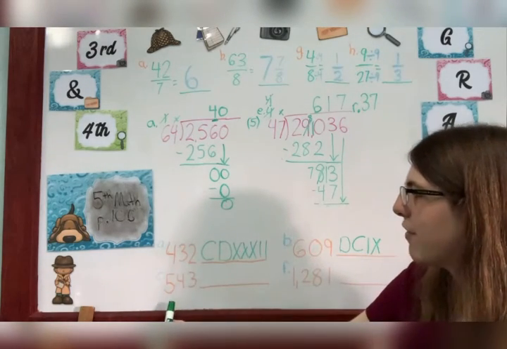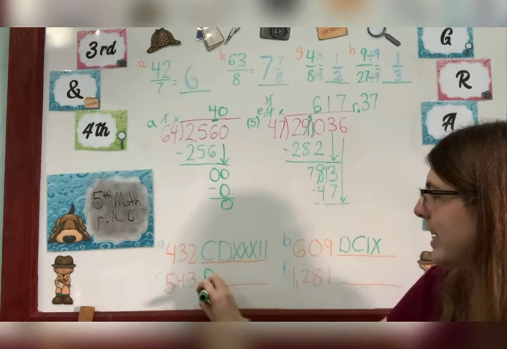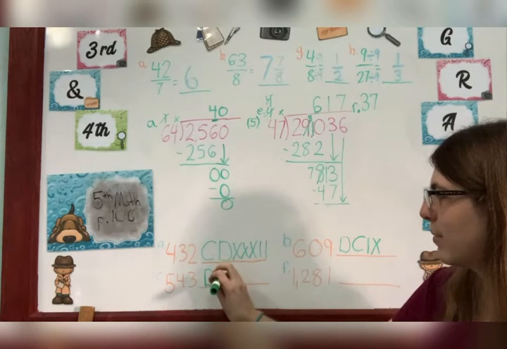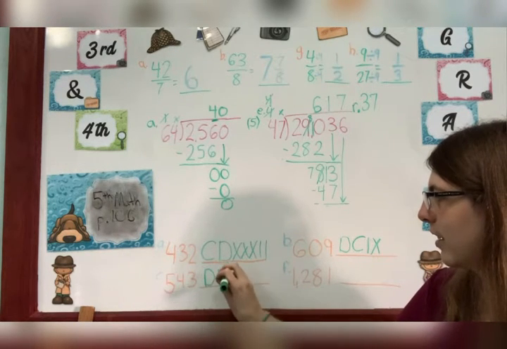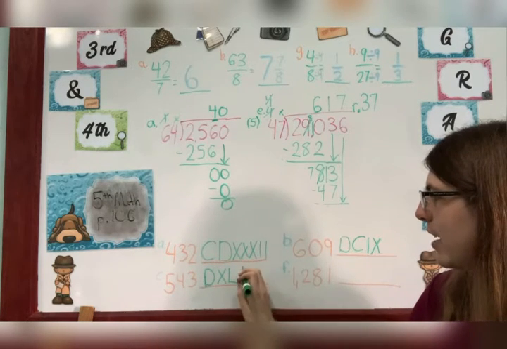All right, letter C, 543. Well, that's easy. I know that 500 is D. Now, I can't have 4 X's, so for 40, I have to subtract an X from 50. And then 3, we have 3 I's.